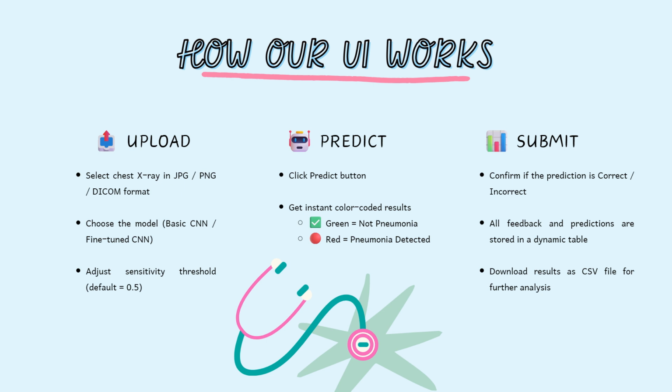You select which AI model to use and can even adjust the sensitivity threshold. Next, click Predict. The system analyzes the image instantly and shows you a color-coded result. Green for not pneumonia, red for pneumonia detection.